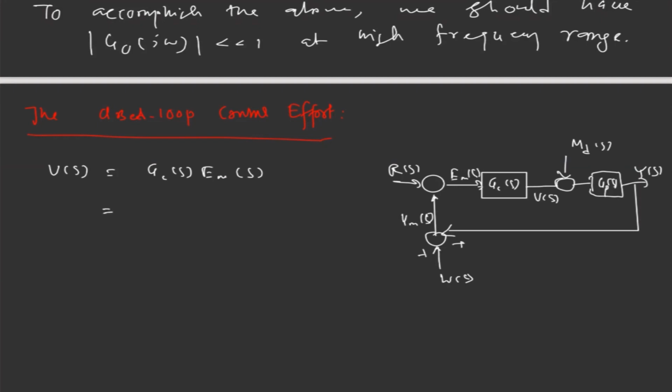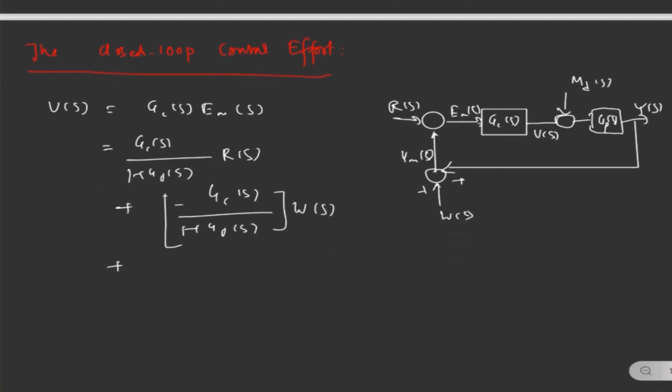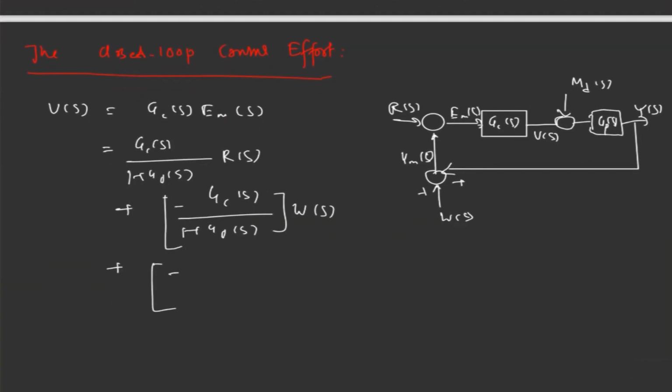So we can write G_C(s) over 1 plus G naught(s) times R(s), minus G_C(s) over 1 plus G naught(s) times W(s), and minus G naught(s) over 1 plus G naught(s) times M_D(s).